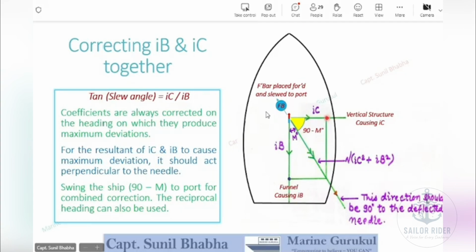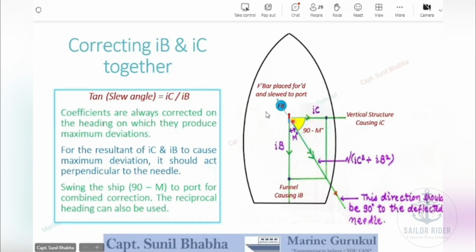Now if we take a resultant of these two coefficients, the resultant can be easily obtained by making a parallelogram. So if you make a parallelogram using these two IB and IC vectors, the diagonal of the parallelogram gives us the resultant of these two forces.